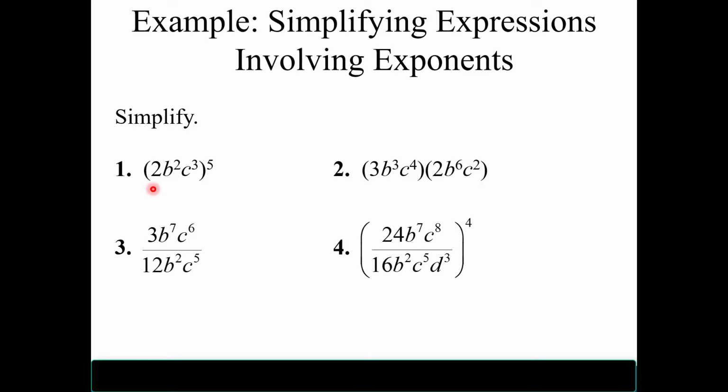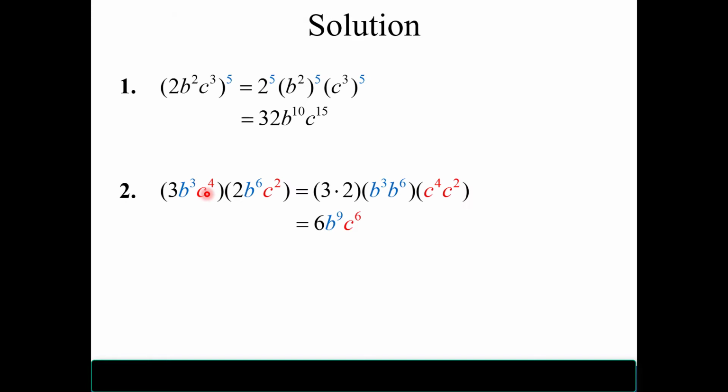So our final answer is 32 b to the 10th power c to the 15th power. Good? Pretty easy. That's what we get here: 2 to the 5th, b to the 10th, c to the 15th. We ended up multiplying the exponents.